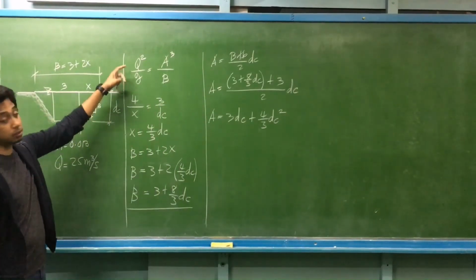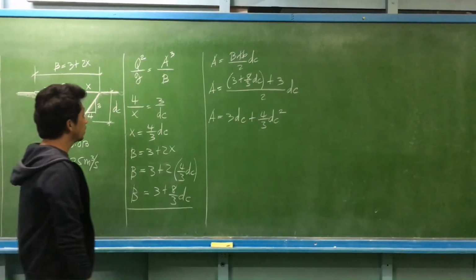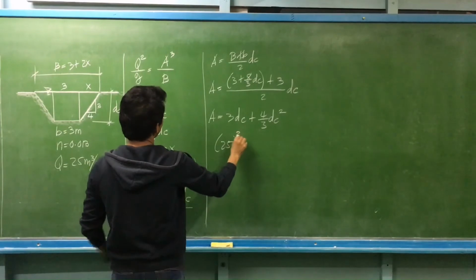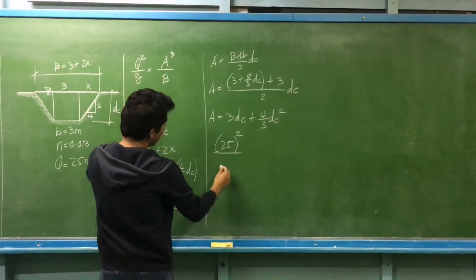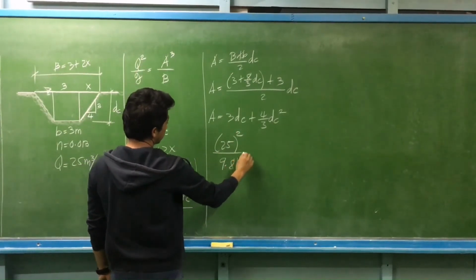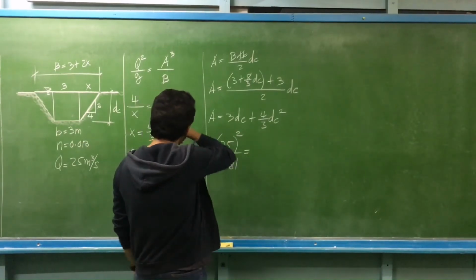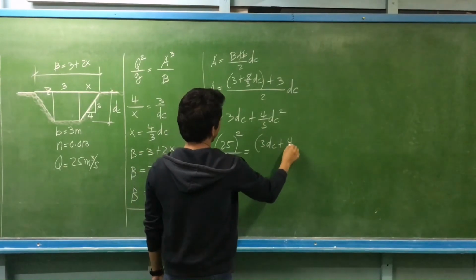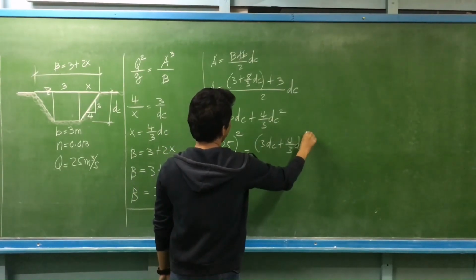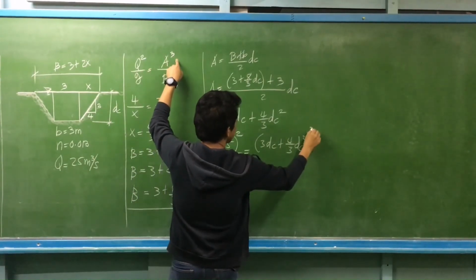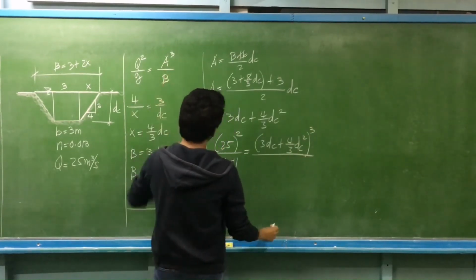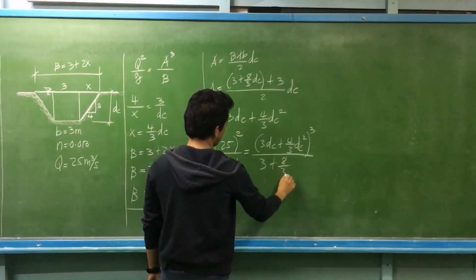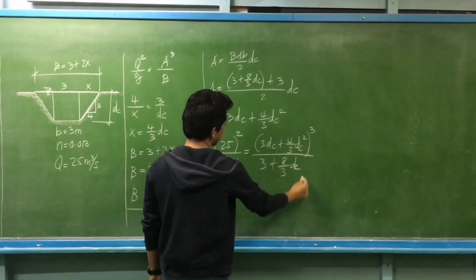So if you are to substitute these values, we have the discharge, this is 25. 25 squared divided by G, we have 9.81, equal to the area, we have 3 critical depth plus 4 over 3 of the critical depth squared, all raised to 3, divided by the top base, we have 3 plus 8 over 3 of the critical depth.